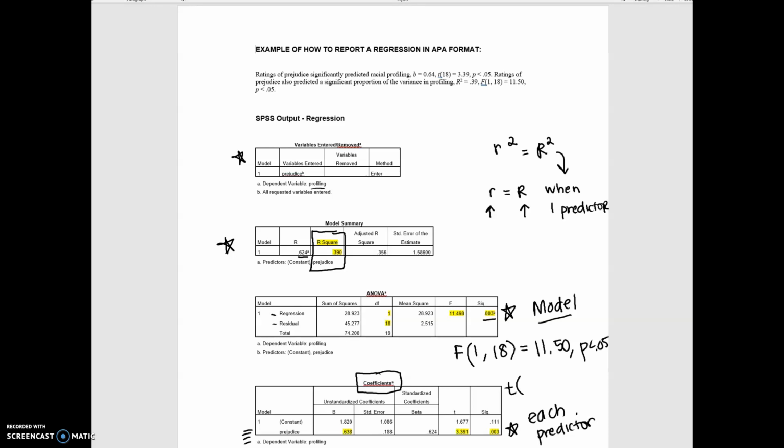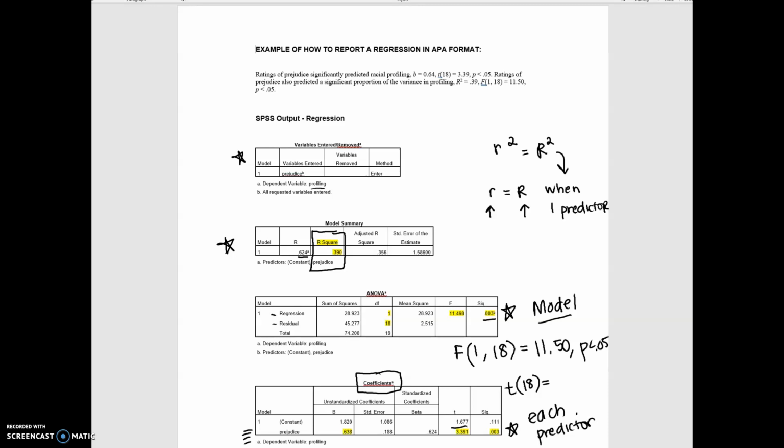So the first thing that we want to know is how many people we have total in this sample. Since we have 20 people in this sample, the degrees of freedom for t is 18. So the degrees of freedom for this t-test is n, which is how many people, minus 2.